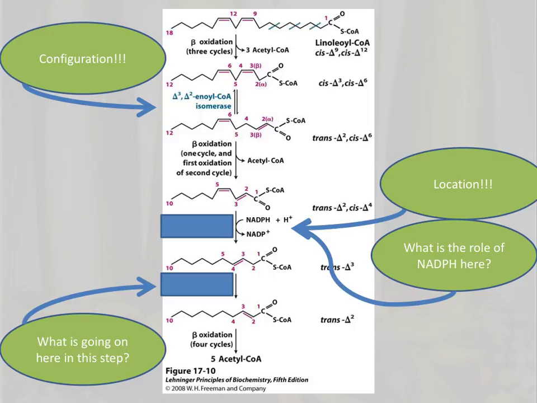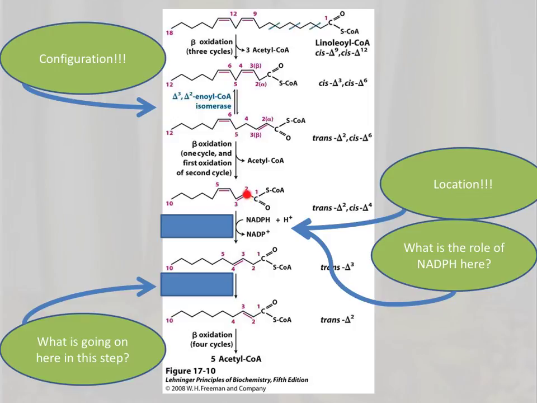All right. So, the way that we do this is we have an enzyme that comes through. It utilizes an NADPH. Okay? And this NADPH is going to be reducing the fatty acid that we have here.